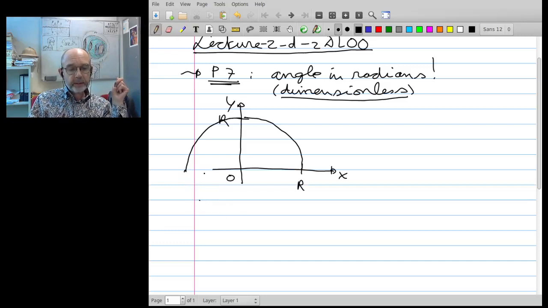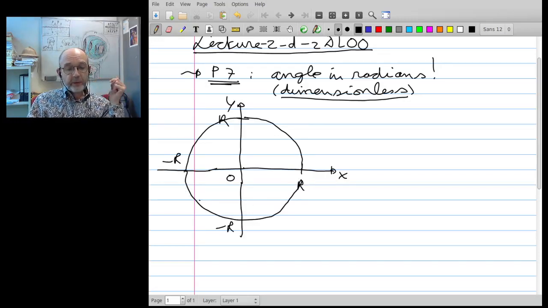Now you can go beneath also, see here minus r, here minus r, and you have some angle.